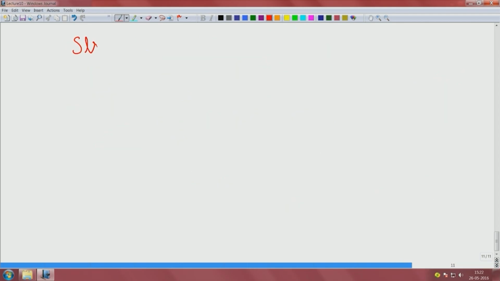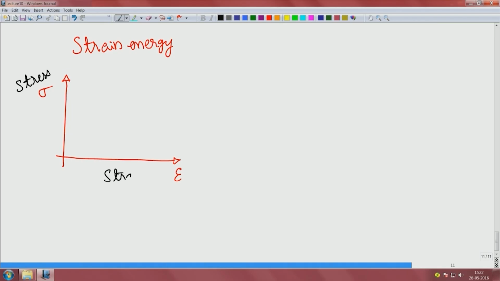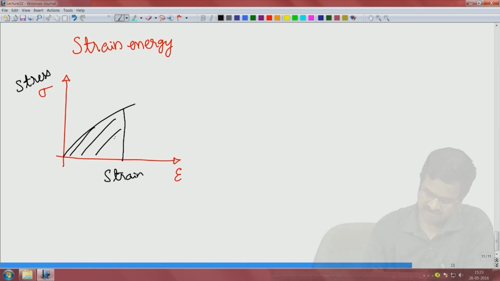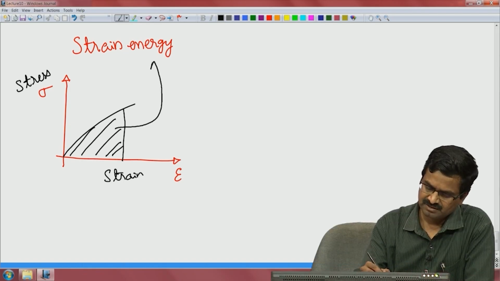Strain energy of an elastic system is nothing but, if I plot stress and strain, this is stress, this is strain, there will be some curve, and the area under this curve is our strain energy.